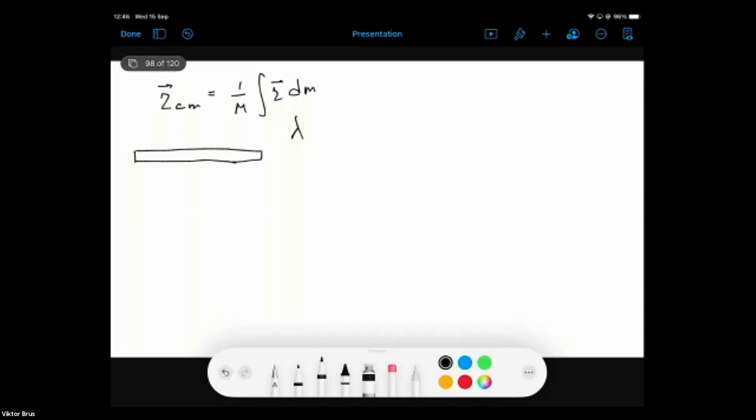The length of this rod is L. And here we have axis X. So this is a one-dimensional case. Then what we need to do, as we discussed previously, is divide this rod into small pieces, dx, with position x.